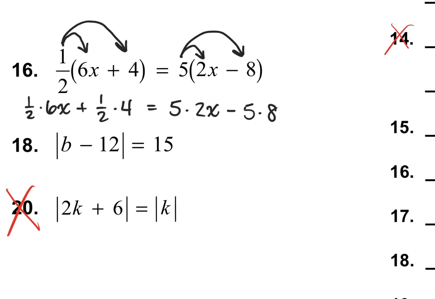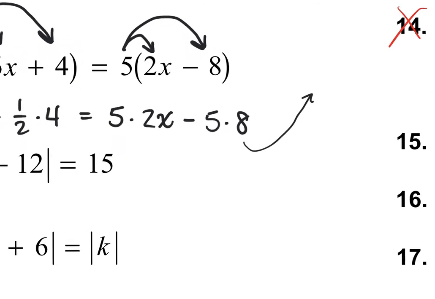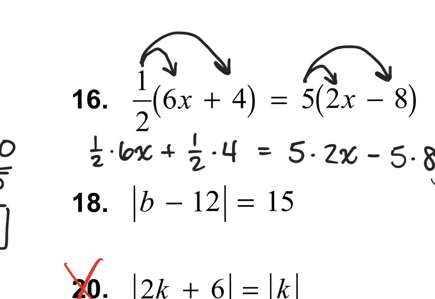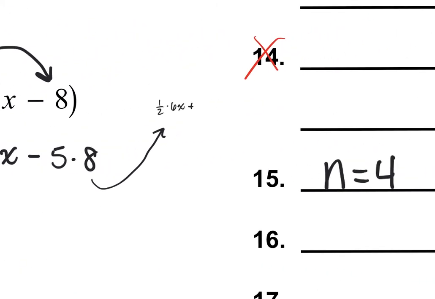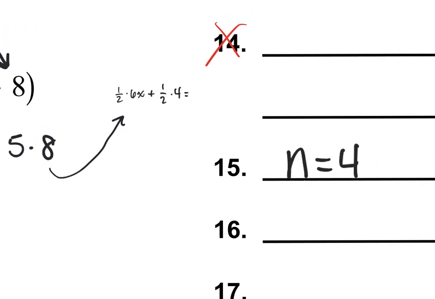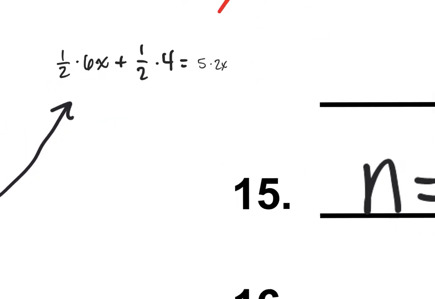Okay, from here, I'm going to move this over here. 1/2 times 6x plus 1/2 times 4 equals 5 times 2x minus 5 times 8.